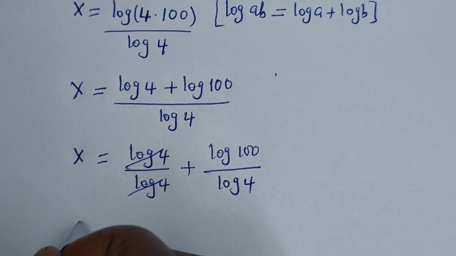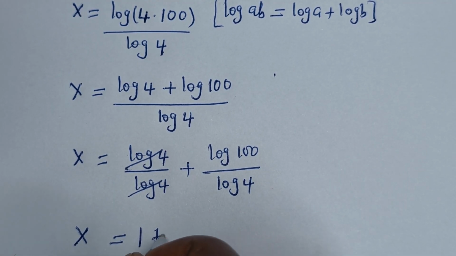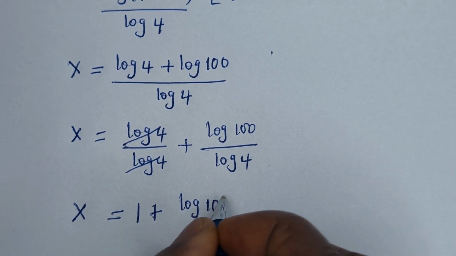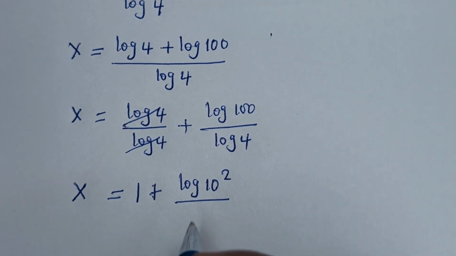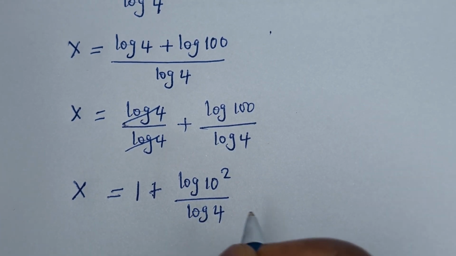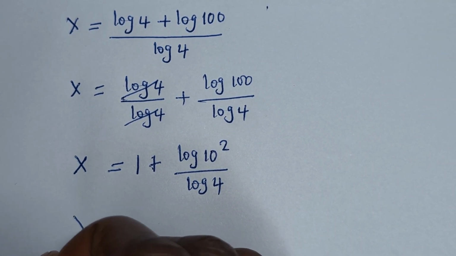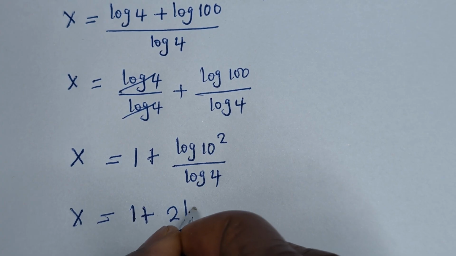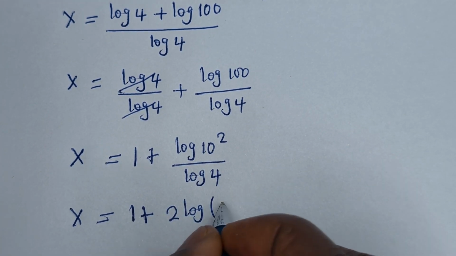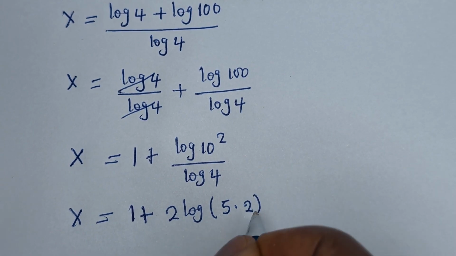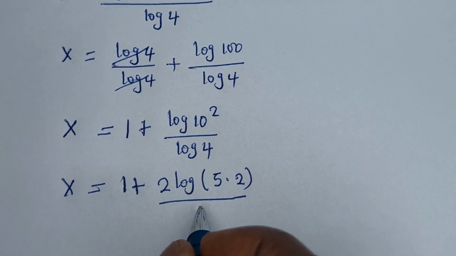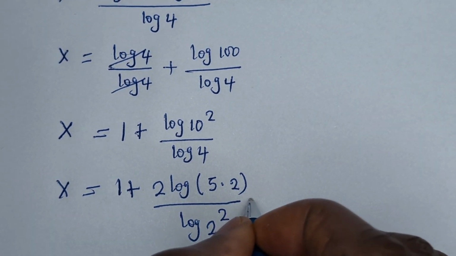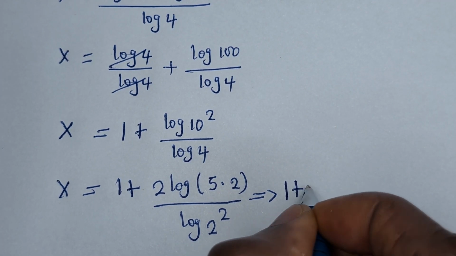This log 4 cancels this log 4. x is equal to 1 plus log 100, which can be written as log 10 square, over log 4. x is equal to 1 plus, this is 2, log 10 can be written as log 5 multiplied by 2, over this log 4 can be written as log 2 square.